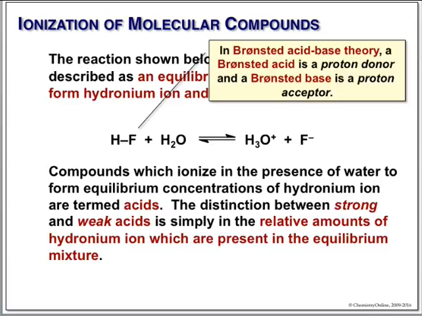Anything that donates a proton is defined as a Bronsted acid. Anything that accepts a proton, so the back reaction here, fluoride is accepting the proton here to go back, that's a Bronsted base. Bronsted acid donates a proton, Bronsted base accepts a proton.